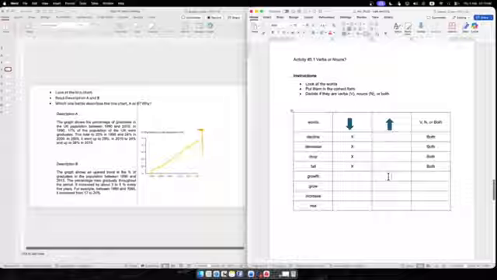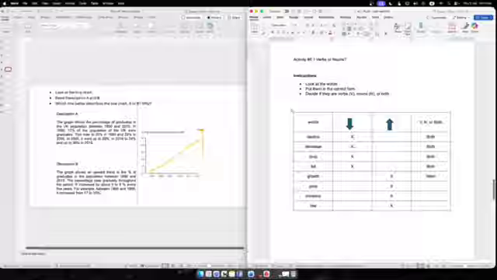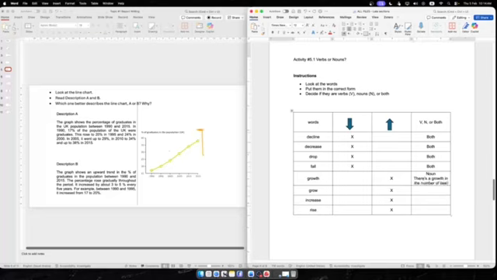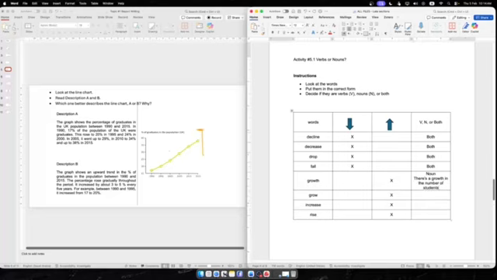Let's take a look at growth. Growth is going up. Okay, grow is also going up. Increase going up. Rise going up. Okay, growth is a noun. So we can say there's a growth in the number of students, for example, okay?